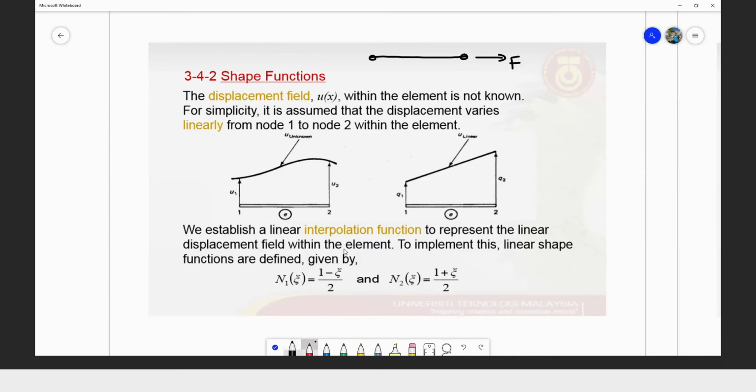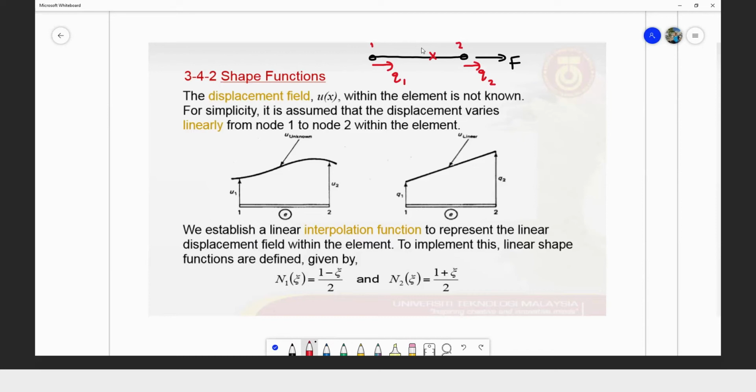So kita expect bila kita punya structure dikenakan external load, dia mungkin akan ada pemanjangan kan, which is given by Q. Dekat sini pun mungkin ada Q. Sorry, let's say ni node 1, ni node 2, so Q1 dengan Q2. And then ini adalah pada nodal point. So in this slide here, what is meant by displacement field dekat sini adalah the displacement yang berlaku di antara dua nodes ni. Let's say somewhere dekat sini.